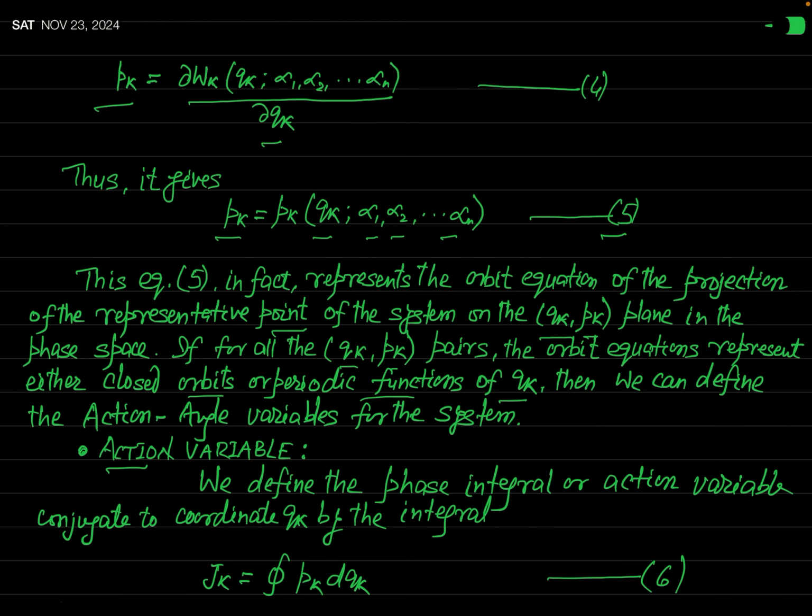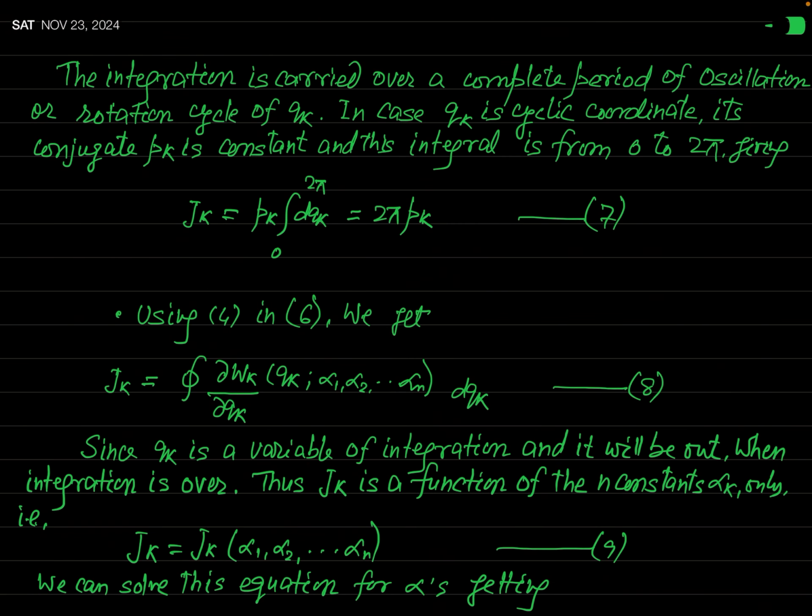In fact, this action variable, which is also called the phase integral, is defined conjugate to the coordinate qk by this integral: Jk equal to the integral for a complete cycle of qk of pk dqk. This is actually the basic definition. Here this integral is carried over a complete period of oscillation or rotation cycle of qk.